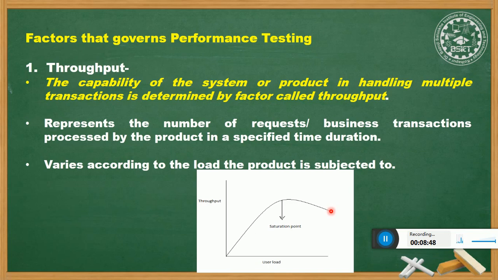So the optimum throughput is shown here by the saturation point and is the one that is maximum throughput. The meaning of this is that this is the maximum point at which you can get good performance, even though the number of users is increased.